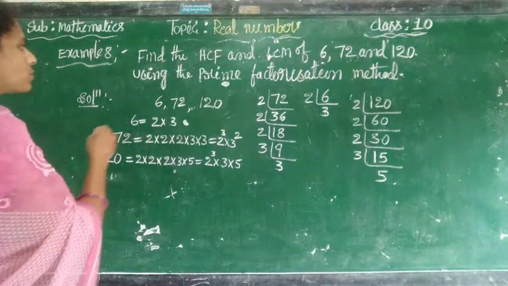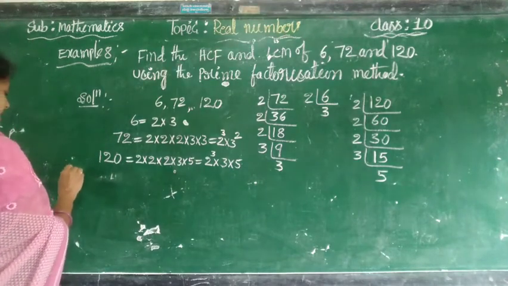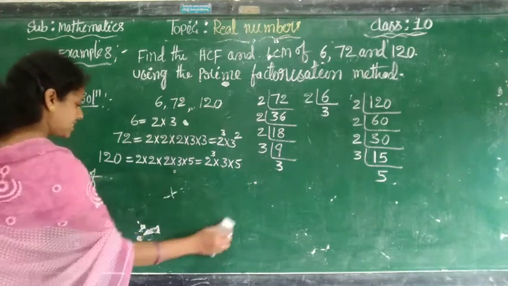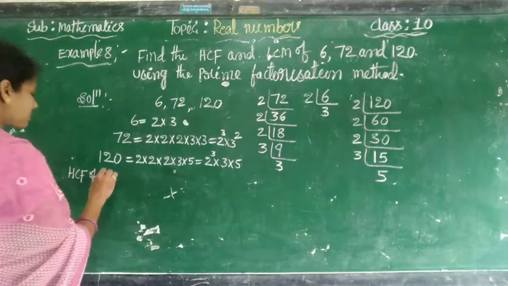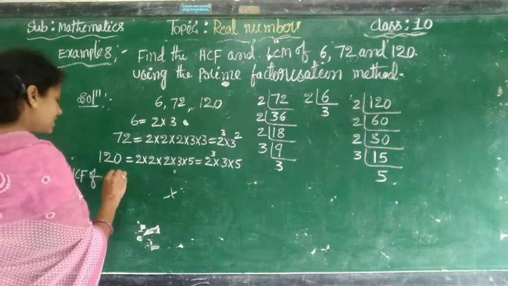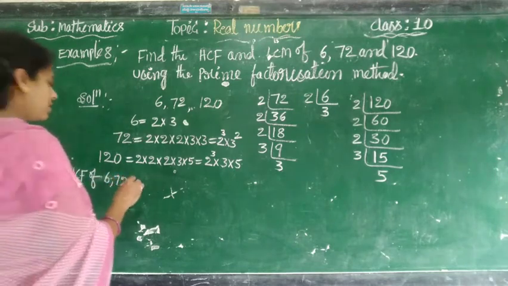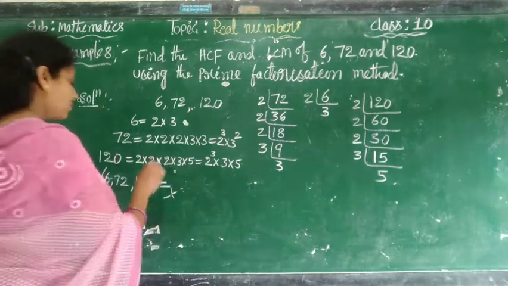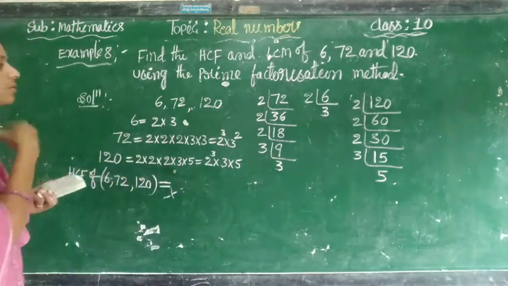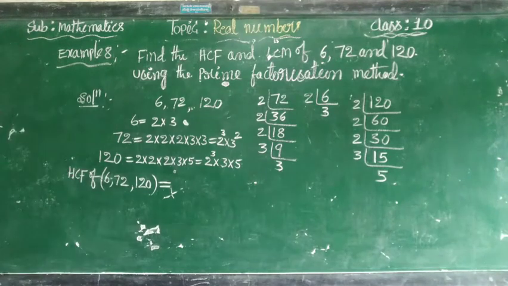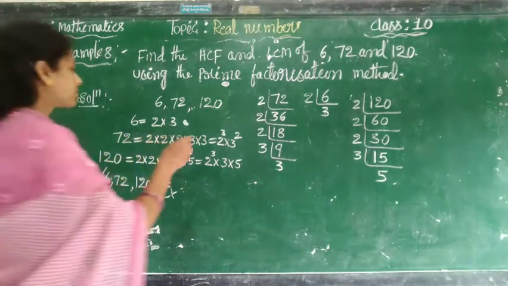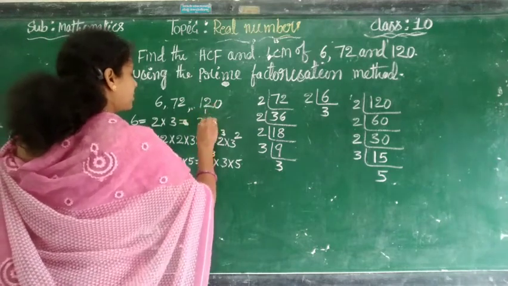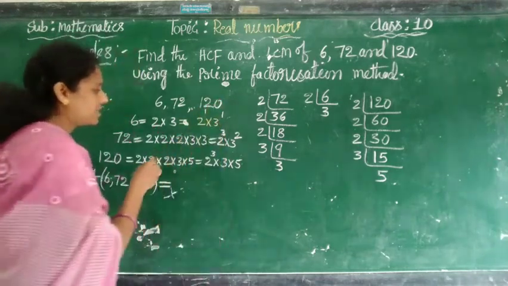Here, the HCF of 6, 72, 120 is equal to, here we can observe, 2 to the power 1 into 3 to the power 1.